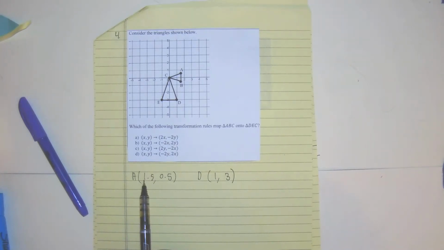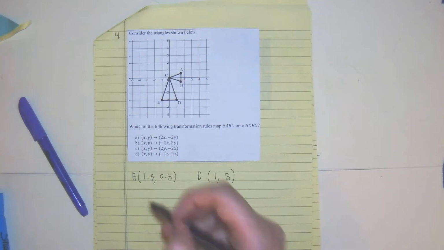Right away, if we use A for this instance, 2 times it.